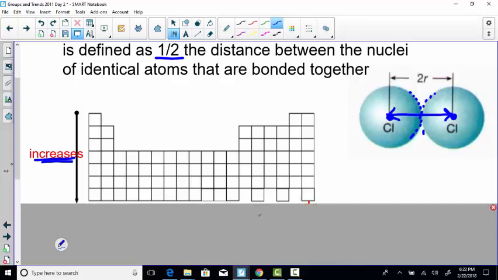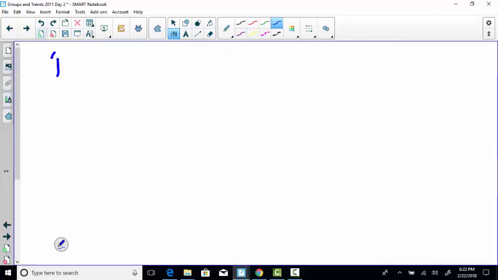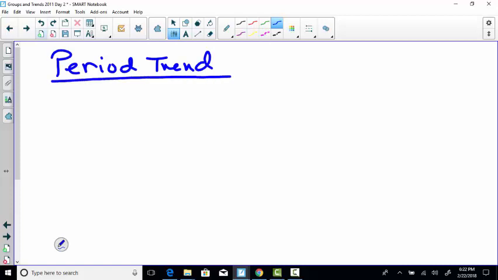Now, kind of highlighted the next one. But now we're going to look at the period trend. And something happens differently as you go across a period. So, for convenience sake, I'm just going to choose period 2.